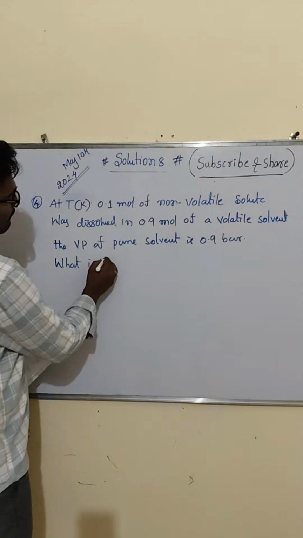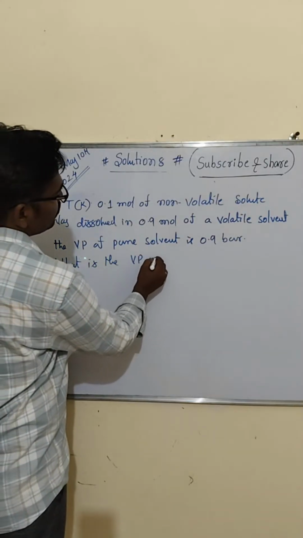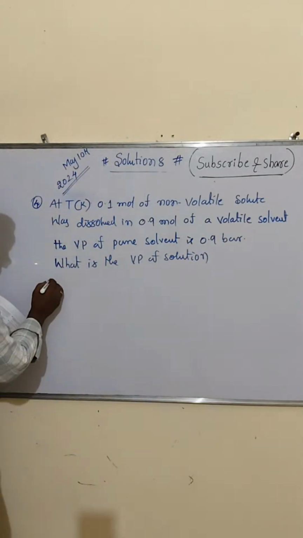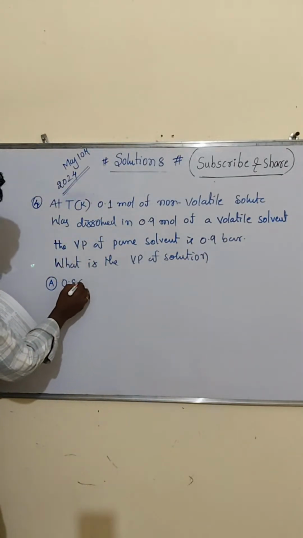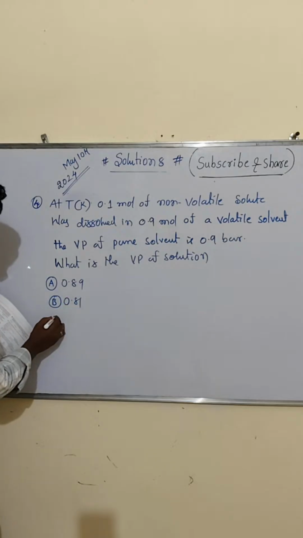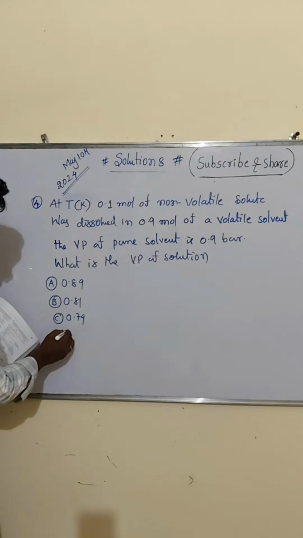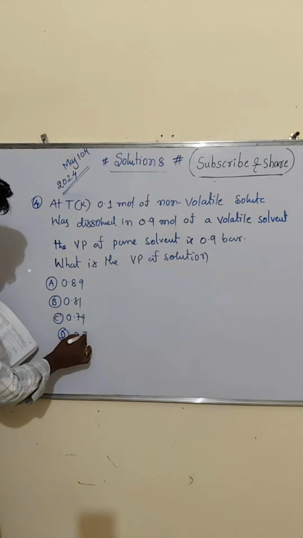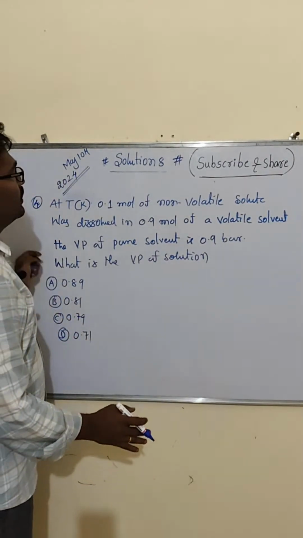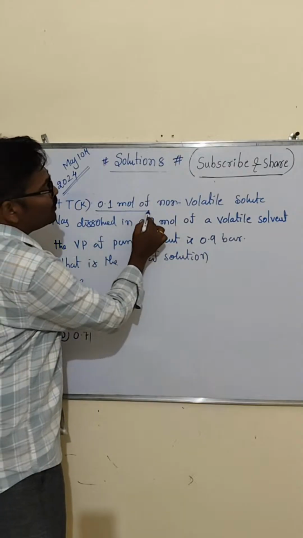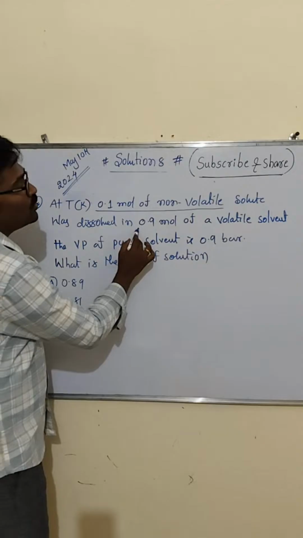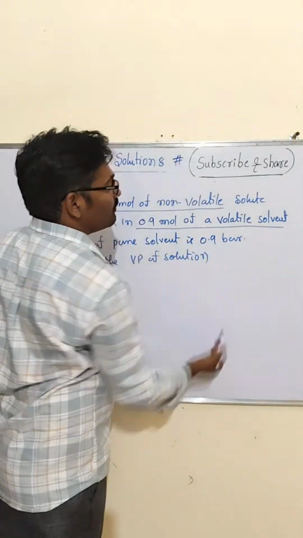This is the question. Look at the question carefully. The options are: A 0.89, B 0.81, C 0.79, D 0.71. 0.1 mole of non-volatile solute is mentioned, which was dissolved in 0.9 moles of volatile solvent.